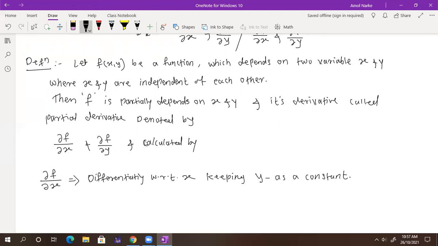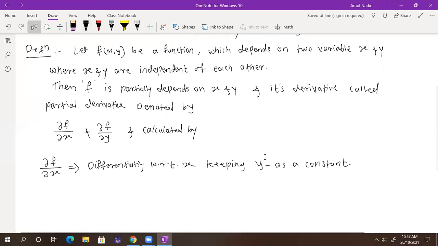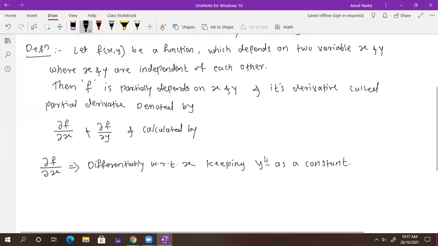Everyone understand that partial derivative, how to calculate now? What you need to do is differentiate that function with respect to x when we need to calculate the partial derivative with respect to x, and keep the other variable, that is nothing but y, as a constant.